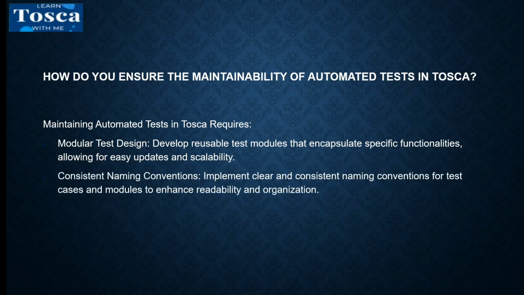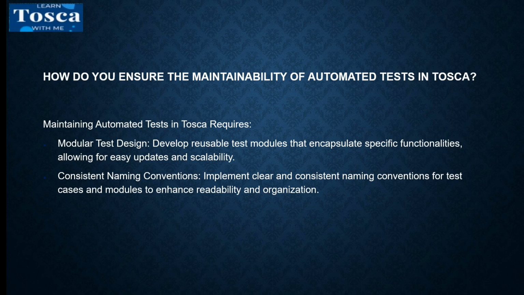The second one is a consistent naming convention. This is also very useful, because while creating a test case, if we are not using a proper naming convention, then it is very difficult to maintain. Suppose you are working in some project and you have not followed any naming convention.